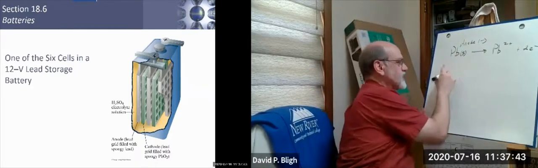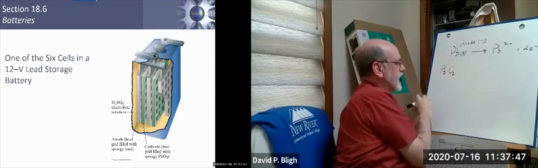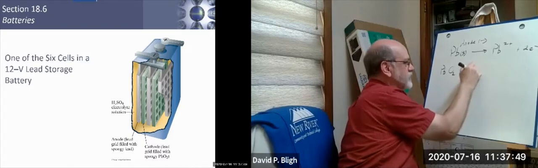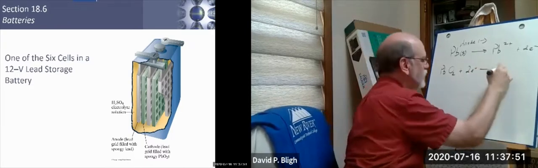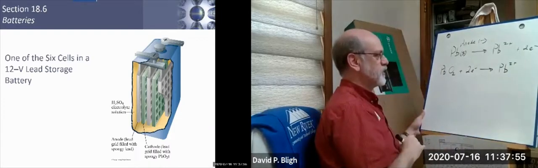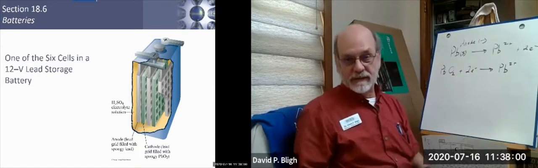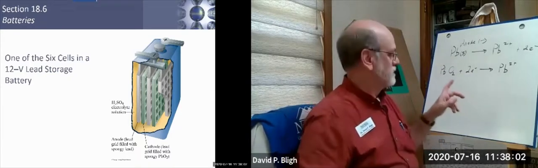Positive electrode says that lead 4 oxide, we add those 2 electrons to it, and now you get 2 plus. Okay? That's important.